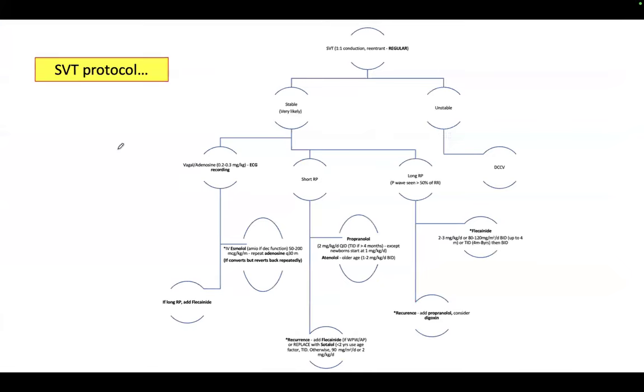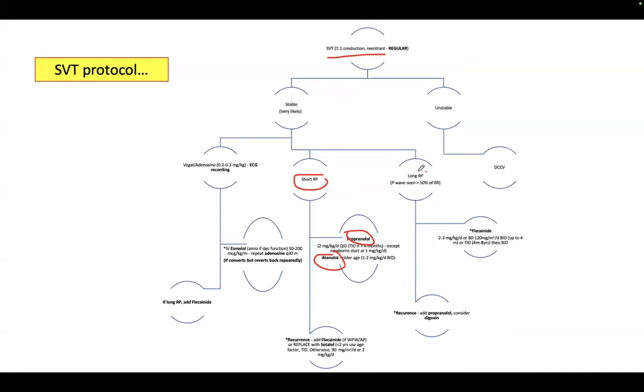In general, we have an SVT protocol based on what I just said. We did it a while ago, but no one really looks at it, to be honest. But like we said, if you have SVT that is regular, reentrant, stable, most likely you just immediately terminate it. You look at your SVT: if it's short RP, then beta blockers are usually good enough, atenolol or propranolol.